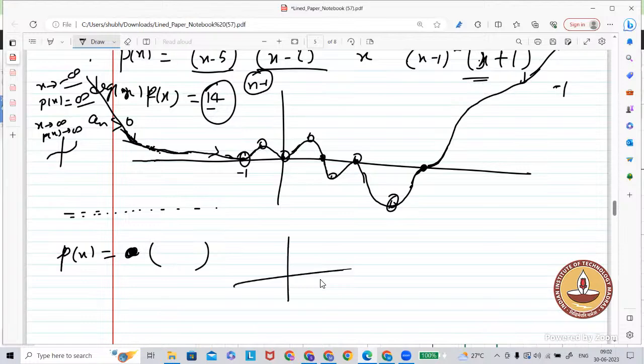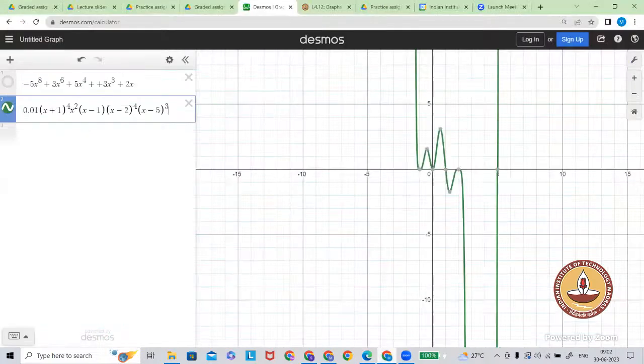If you multiply with a very small number, it will scale down, but with the same roots. Why is it happening? You are actually dividing each coefficient by 100. That's all that is happening. Otherwise, there is no difference. So it is actually scaled down. Otherwise, there is no change in behavior. Exactly, it will be the same. That means, sir, the altitude is becoming lower. Yes.